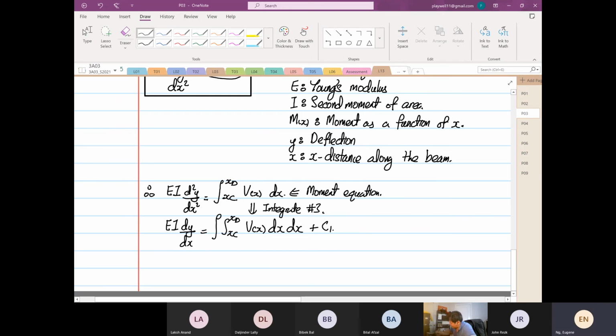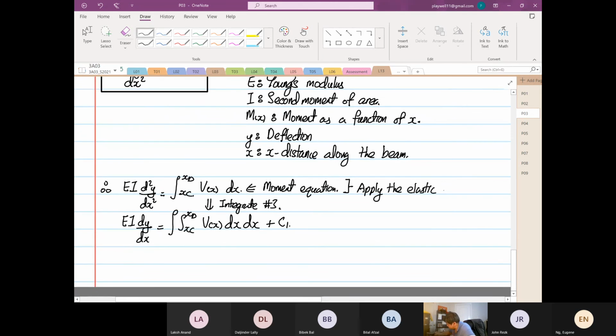At this stage, we call it applying the elastic curve equation. And then we integrate the 4th time.